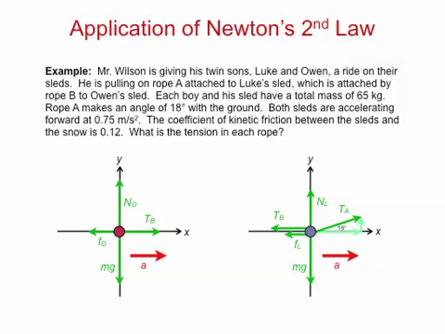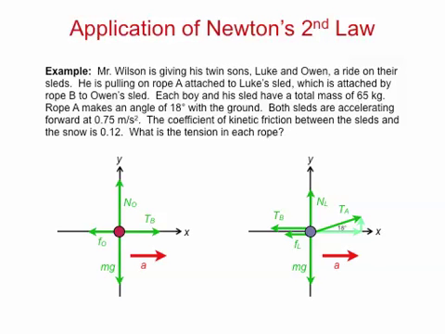Vectors for the forces acting on each object are drawn emanating from it. Furthermore, all force vectors have been resolved into components along the coordinate axes. Actually, the only one that had to be done for was the tension force due to rope A, since each of the other forces already point along a coordinate axis.